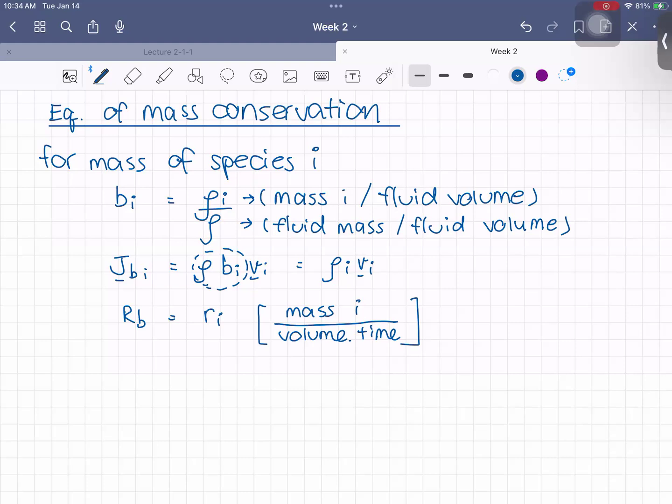So from the general form of the conservation equation previously, we're going to substitute all these terms into the equation. So for species i, that will be partial rho i over partial t plus del dot.